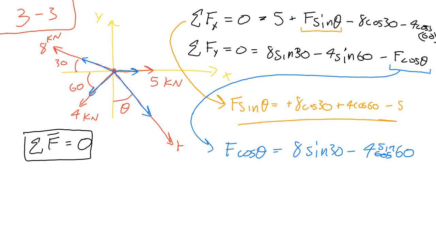And then we get something like sine theta over cosine theta, right? And so that equals tangent theta. Going down here, basically dividing these two equations.